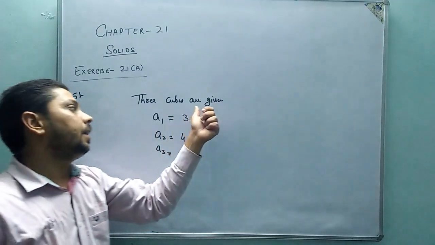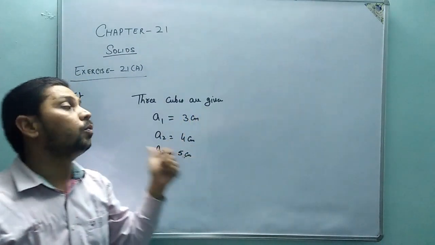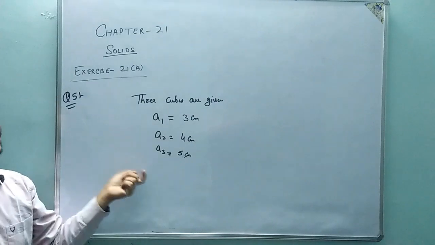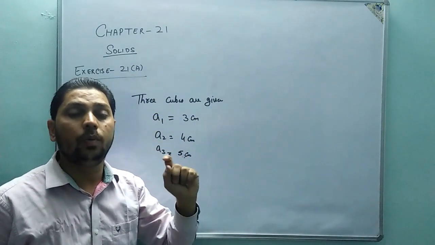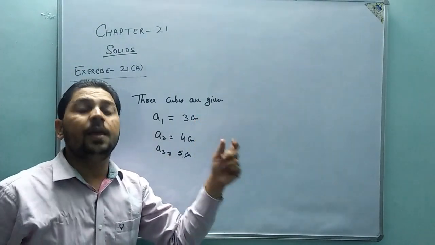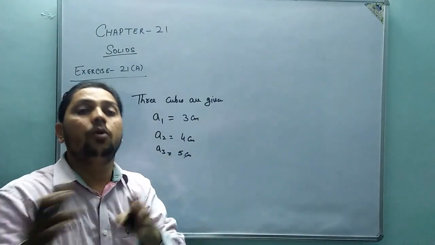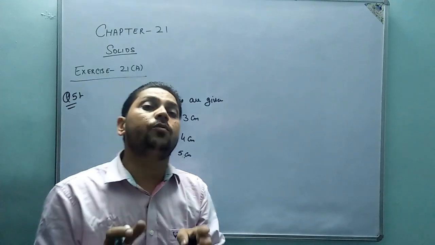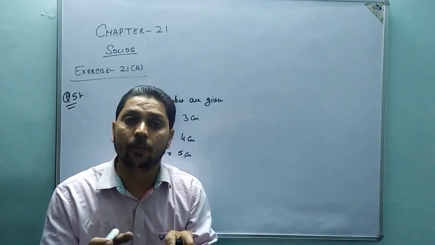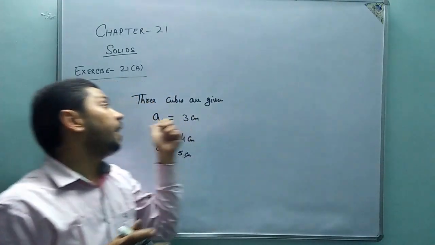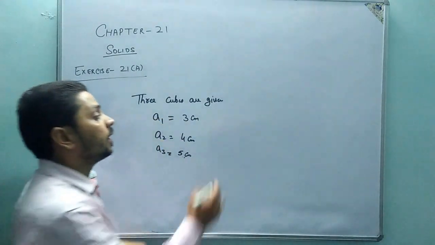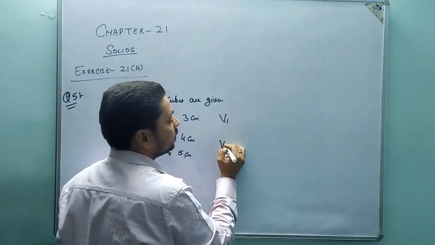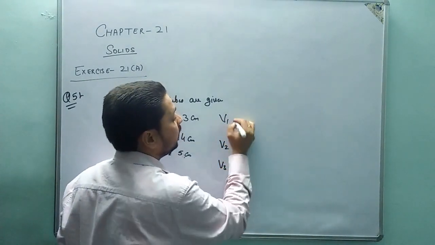It is mentioned that these three cubes are melted and then formed into a new cube. Anything which is melted and formed into a new shape, in that case we have to find the volume first. First find the volume of this cube, then this cube and this cube. These have volumes V1, V2 and V3.